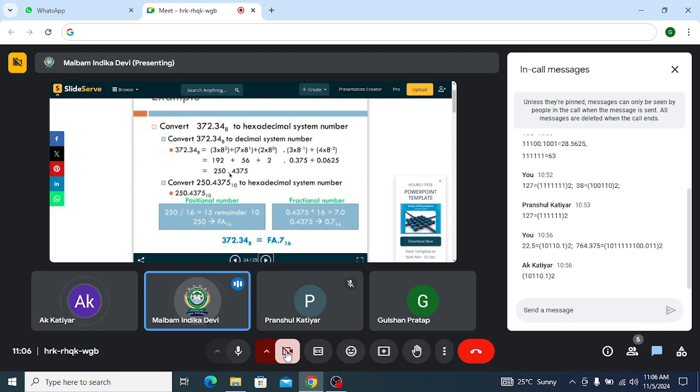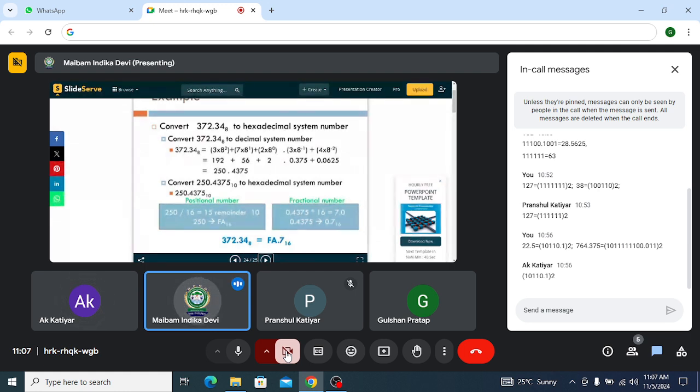This dot you write out here. For the fractional part, you add separately: 0.375 plus 0.0625. You get 0.4375 as the answer. So this is the decimal equivalent of this octal value.